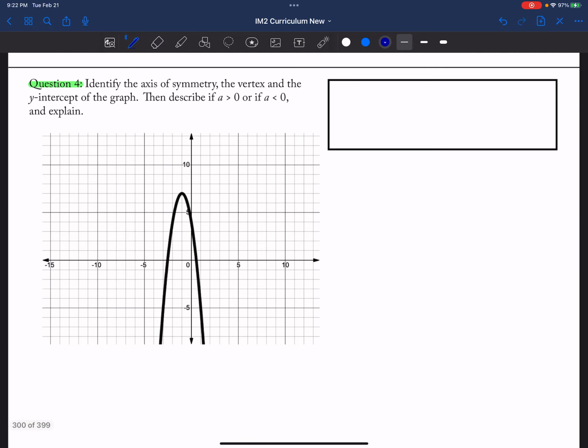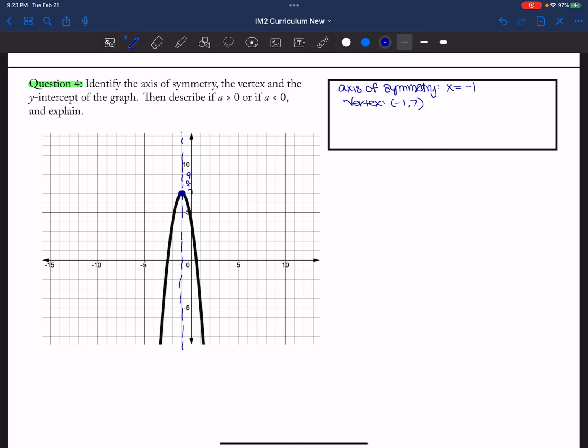We'll do number 4. Again, here's my axis of symmetry. Here's my vertex down here. So then my axis of symmetry is x is equal to -1. My vertex is -1 comma, let's see, 9, 8, 7.